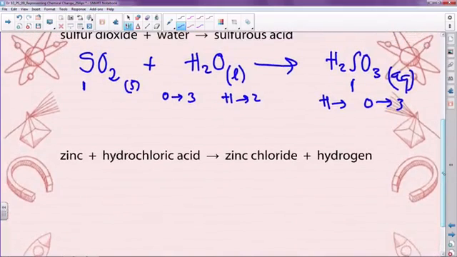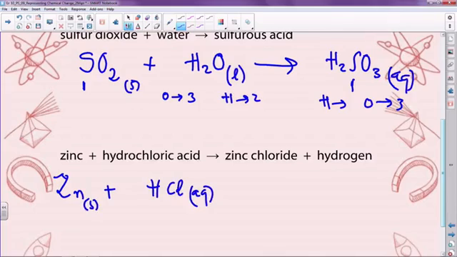And then we also have zinc, which is a metal, Zn, reacts with HCl. This is a solid which reacts with hydrochloric acid. From Grade 9, we know that a metal reacts with an acid to give us a salt, which is zinc chloride, ZnCl2, plus hydrogen gas.